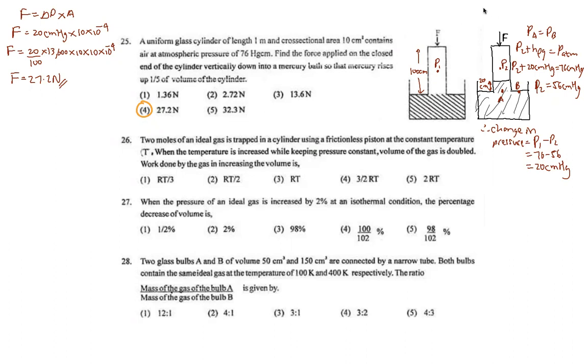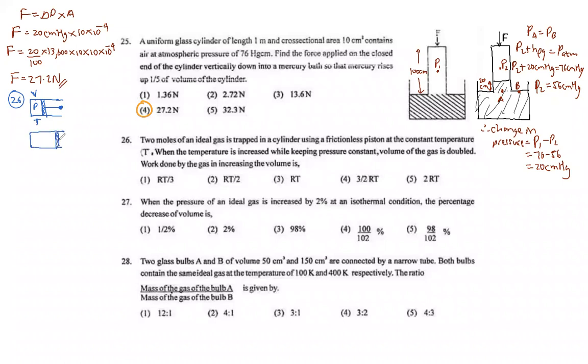Right. Let's see if we can figure this out. 26. Okay, 26. So you have a piston. Initially you have the piston somewhere here, where the volume is V, pressure is P, temperature T. Now what they're doing is they're doubling the volume.